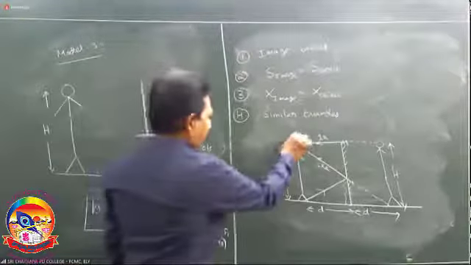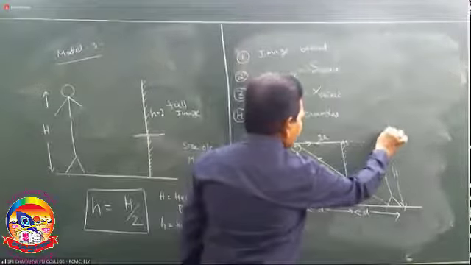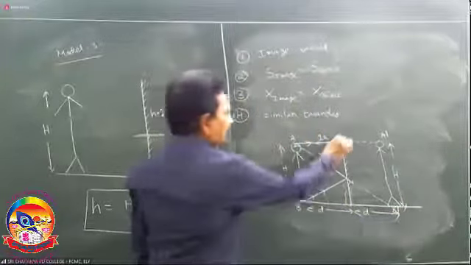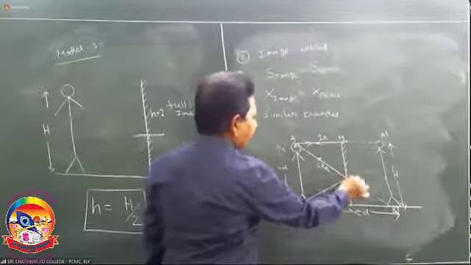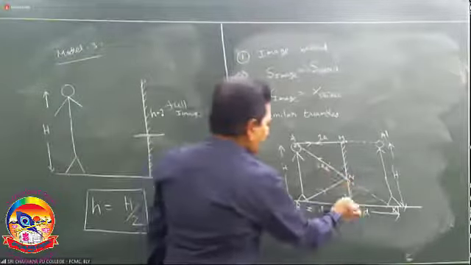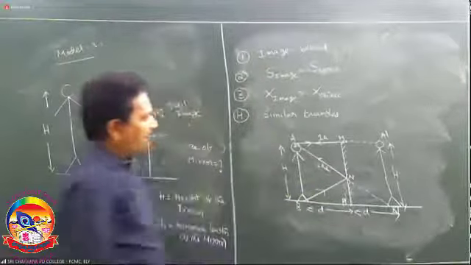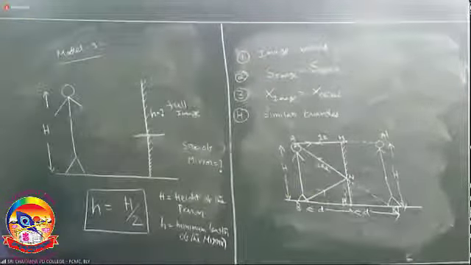Suppose this is A, this is B, this is A dash, this is B dash, this is M, this is N. Total length of the mirror, MP. I don't want MP. I want only MN.